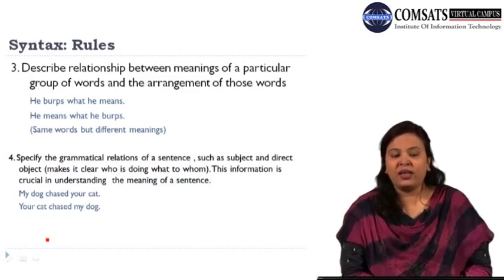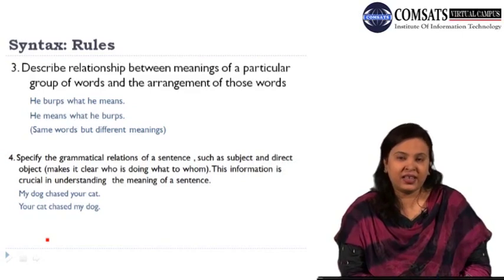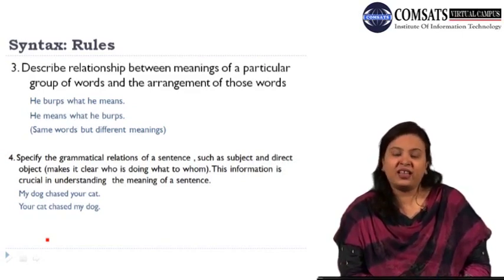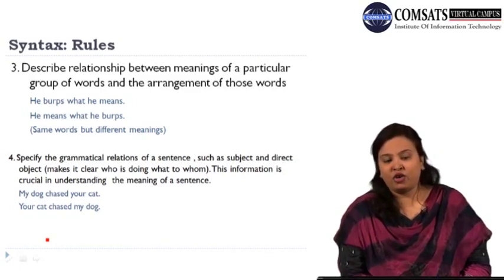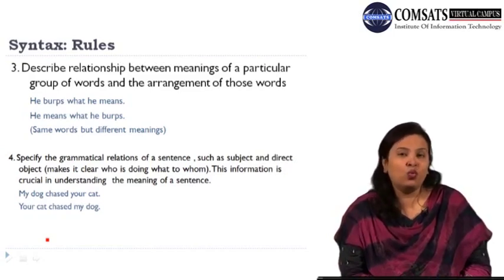At the fourth level, these syntax rules specify the grammatical relations of a sentence. If you know the grammatical relations, like the subject, direct object, and indirect object, they make it clear to us who is doing what and who is doing what to whom.